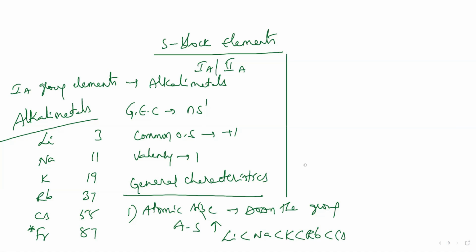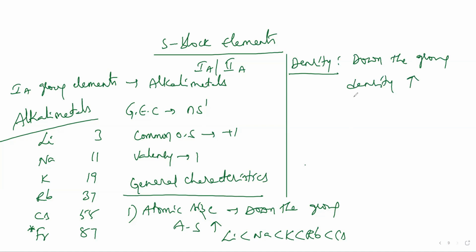So that is about atomic size. And order also we have. Next one is density. Second property is density. This is also down the group, density increases.